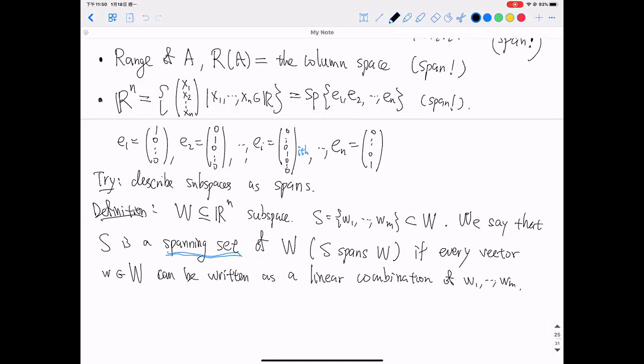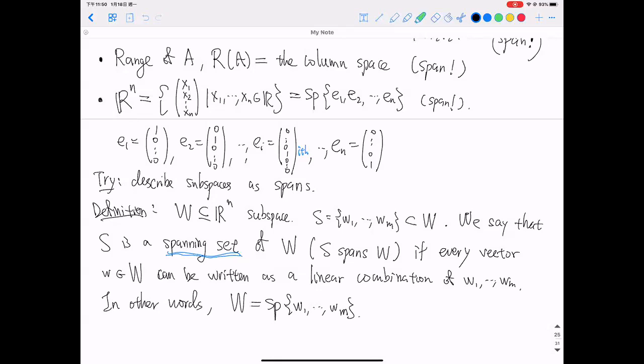In other words, W is the span of w1 through wm.